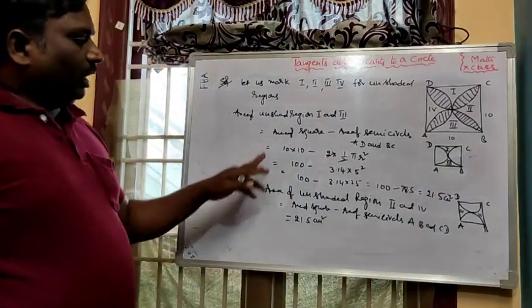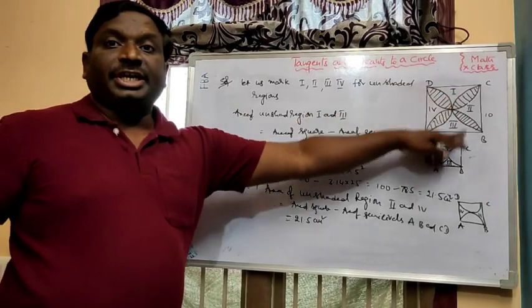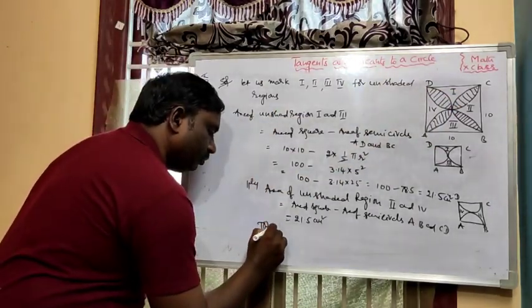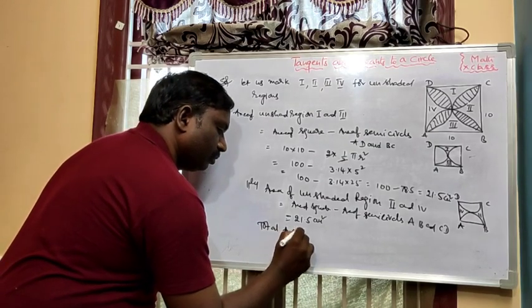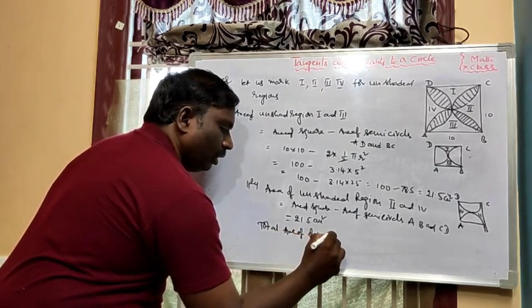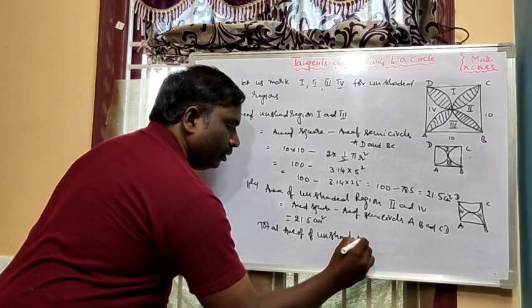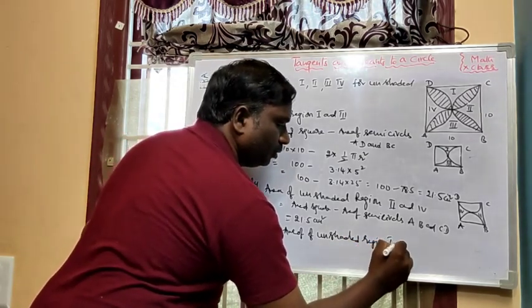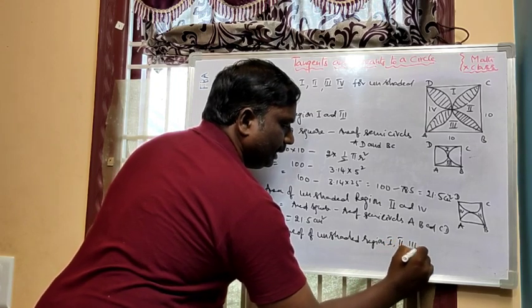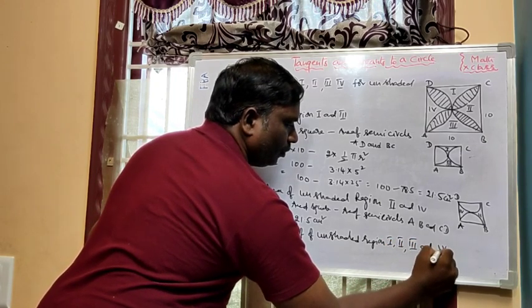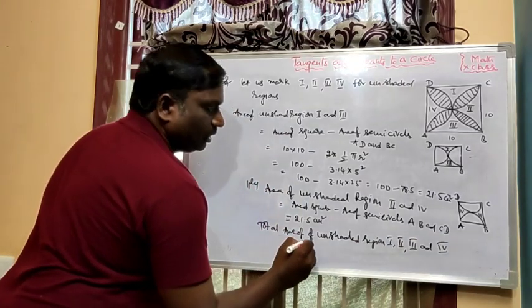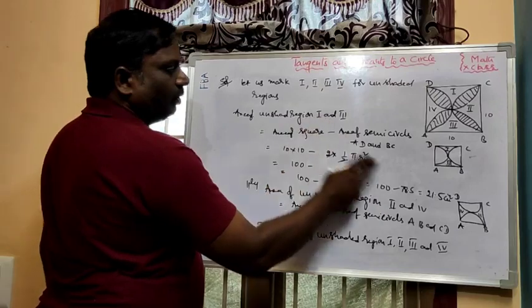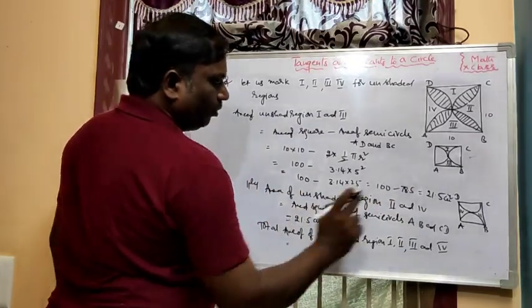So the total area of the unshaded regions 1, 2, 3 and 4. For 1 and 3 I got 21.5, for 2 and 4 I got 21.5.